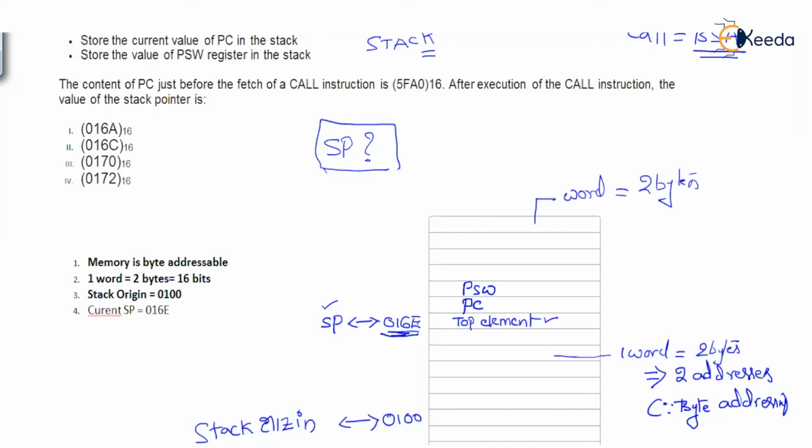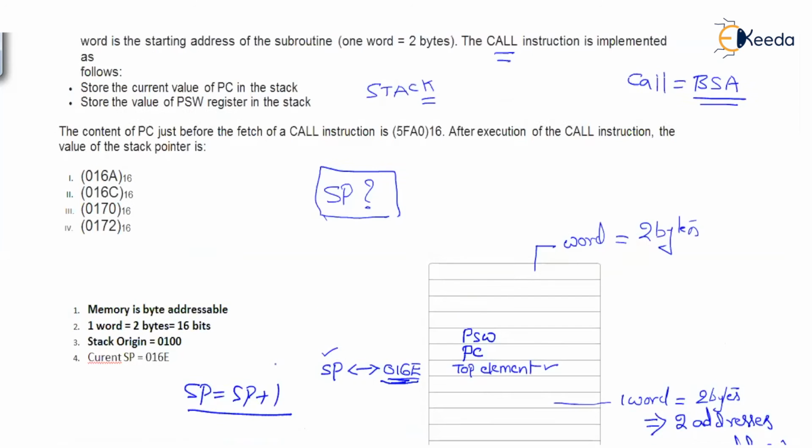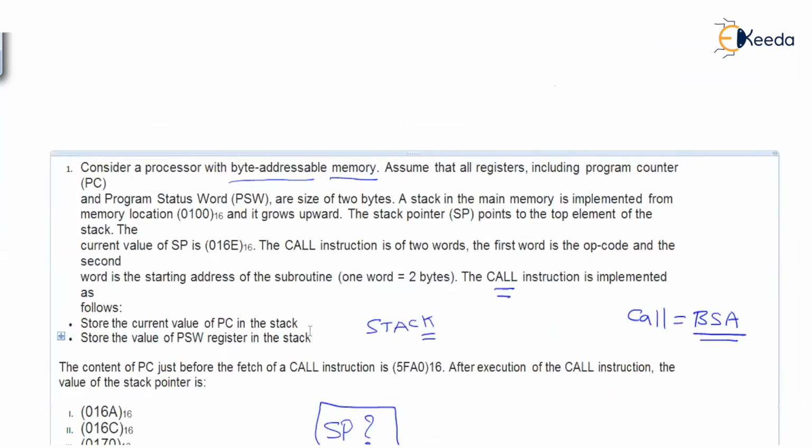SP is equal to SP plus 1, because it is given that it is an upward stack. The stack is implemented from memory and it grows upward. The difference between an upward and a downward stack is that an upward stack increments the stack pointer during a push operation, while a downward stack decrements the stack pointer during a push operation.